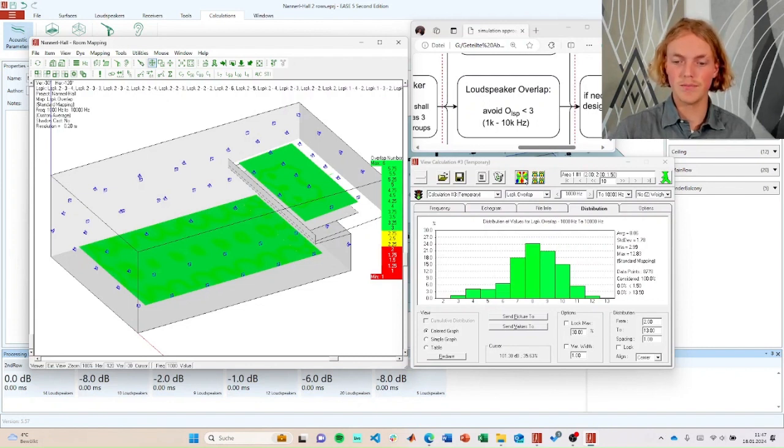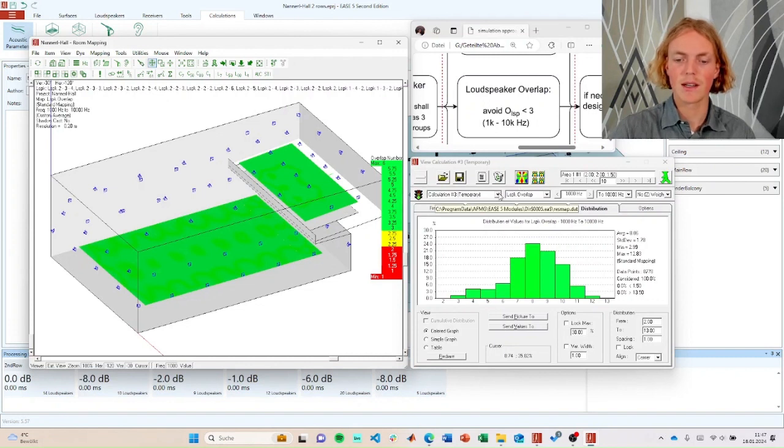So that's why I took the green color to indicate that it's good when everything is higher than 3, and this is the case here. So this requirement is fulfilled as well.